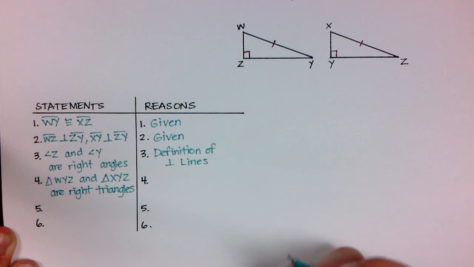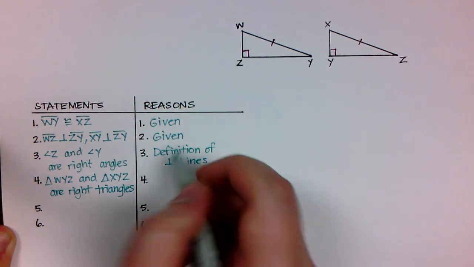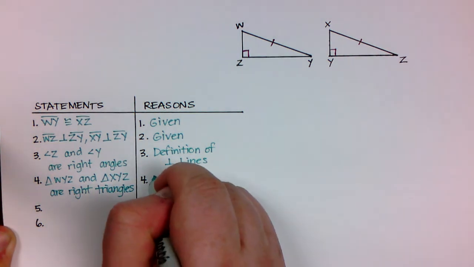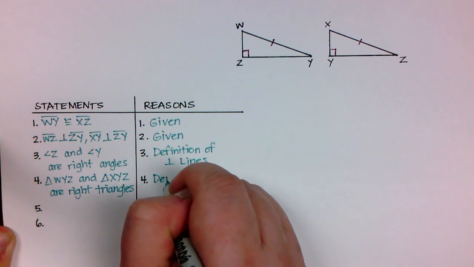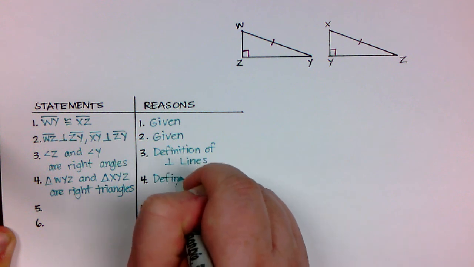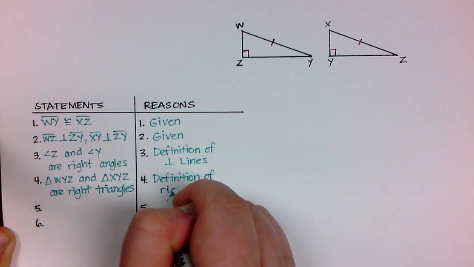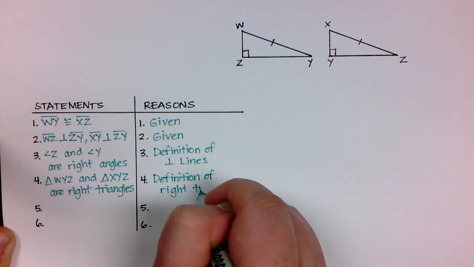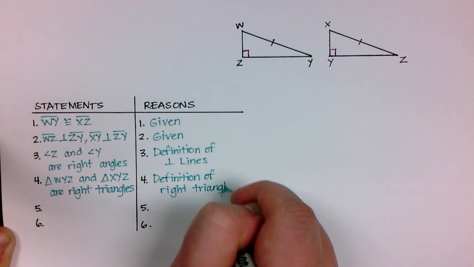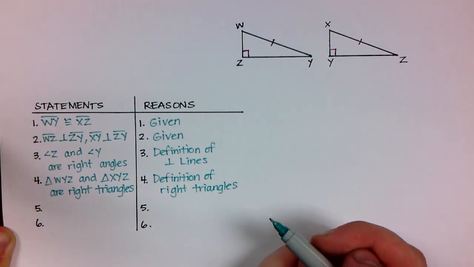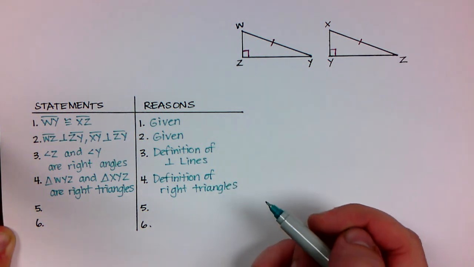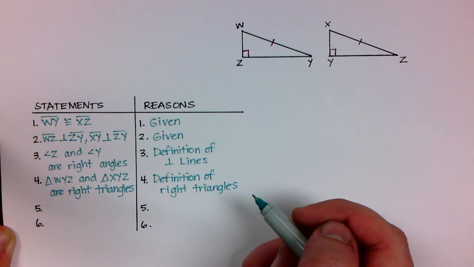And you might be wondering why I'm just claiming that fact. It's going to be important in just a moment. So this I can just say is from the definition of a right triangle. But it's something that I need for the HL theorem.